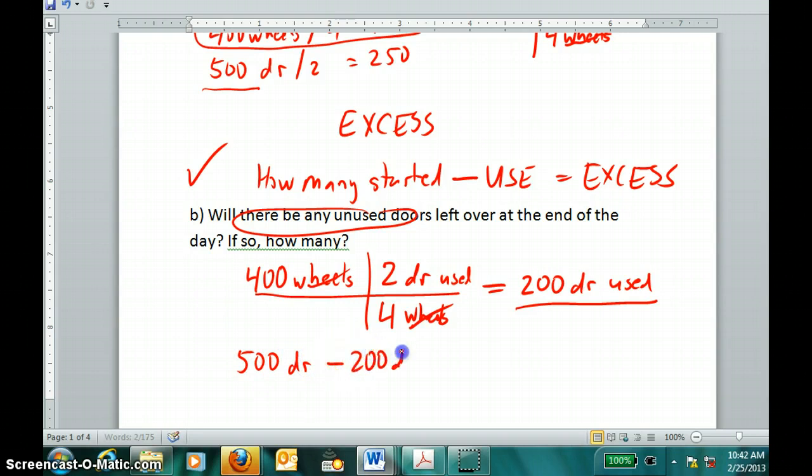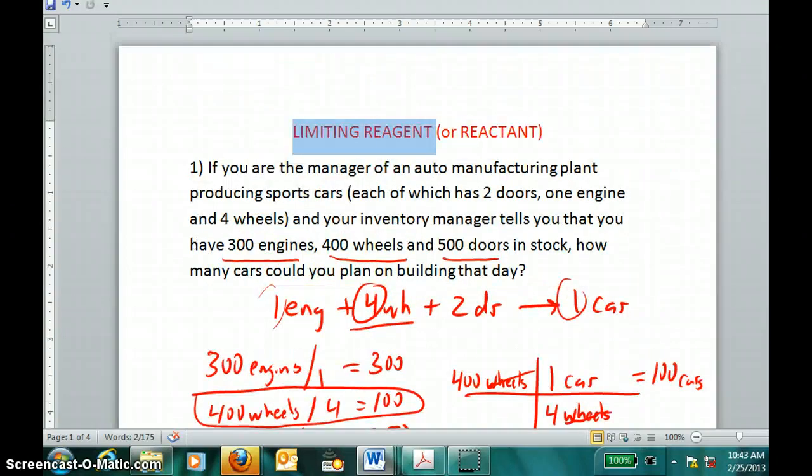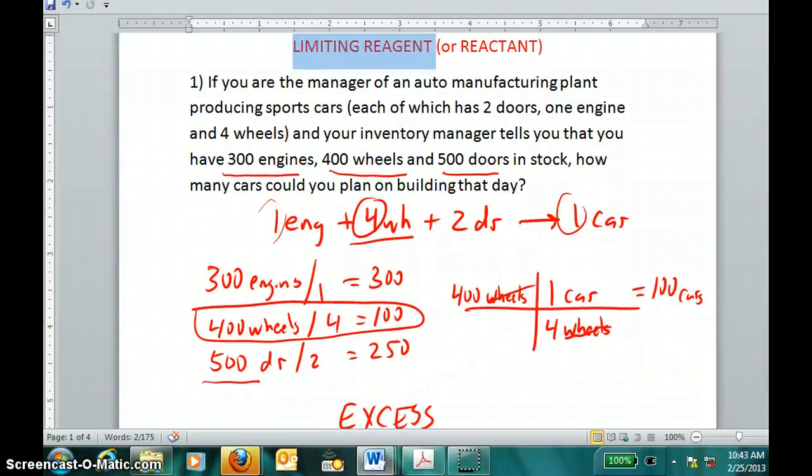We used 200 doors, meaning there are 300 doors excess by the end of the day. I could have asked the same question for engines, but we'd have a different ratio: 1 engine for every 4 wheels, and we would have used 100 of our engines. Subtracting that from the 300 we started with, we'd have 200 excess engines.